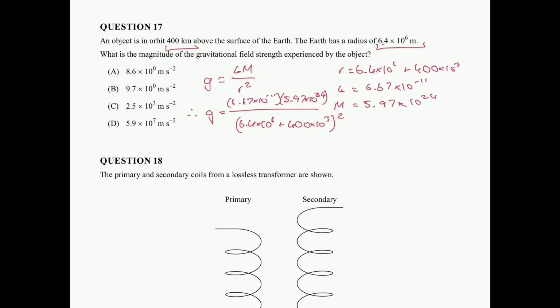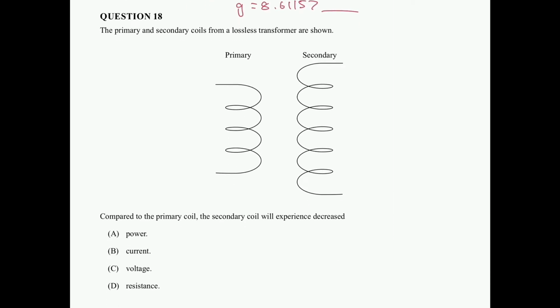And that is squared, so don't forget to square it. You end up getting a g equal to 8.61157, and that will continue on, but our question only wants it to 2 sig figs, and it ends up being 8.6 times 10 to the 0 meters per second squared. Fantastic.